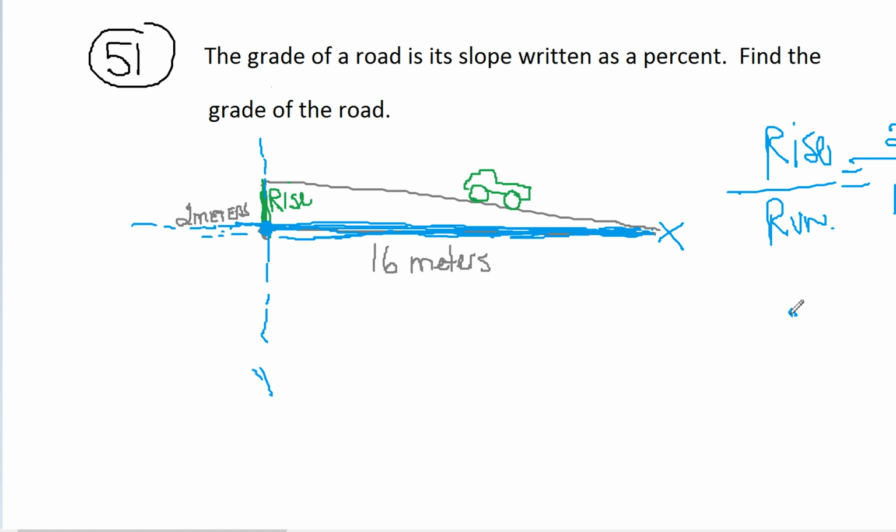Let me write it down here. 0.125. And we have to take this decimal number and change it to a percent, so you can multiply it by 100, and that'll get you 12.5%. That is the grade of that road. All right, and that's it for that type of problem. Rise over the run is simply it.